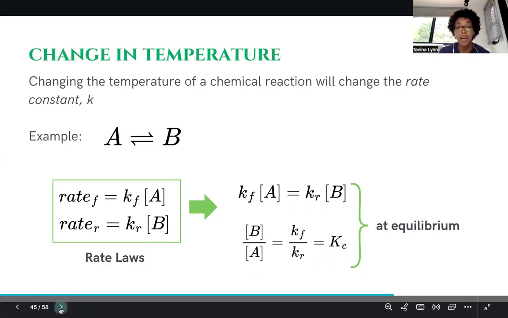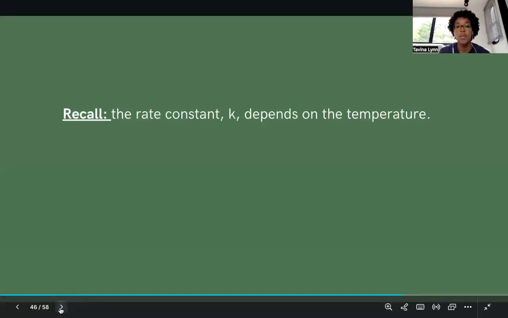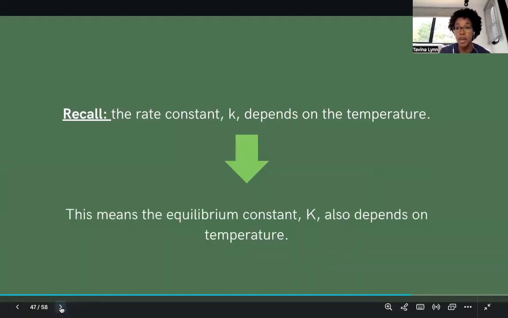So what this tells us is, recall that the rate constant k depends on temperature. We learned this in kinetics. And it turns out, by that relationship we just saw, that this also means that the equilibrium constant, big K or uppercase K, also depends on temperature.